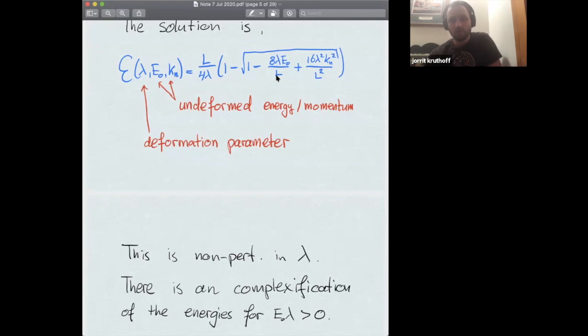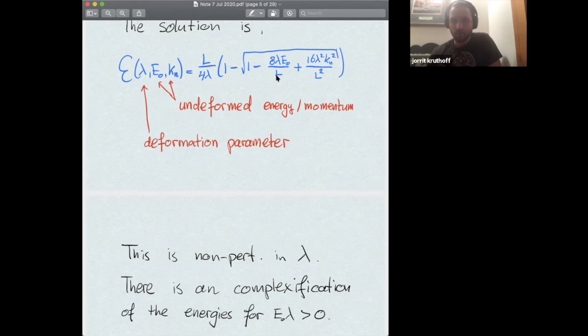So that is one thing that I mentioned before that you see sort of explicitly happening here. And I won't say too much about this complexification of the energies during my talk, because it's a complicated issue, and it's not entirely clear how to resolve or how to deal with these energies.